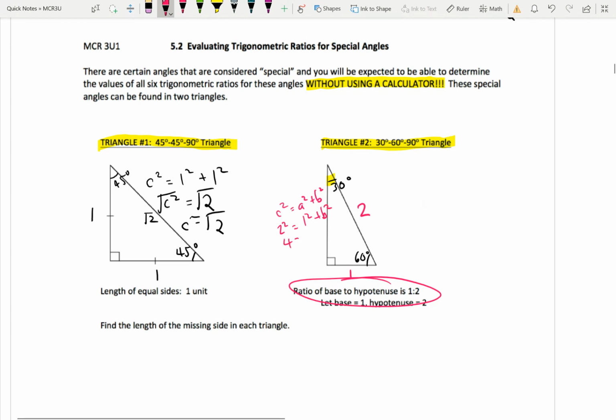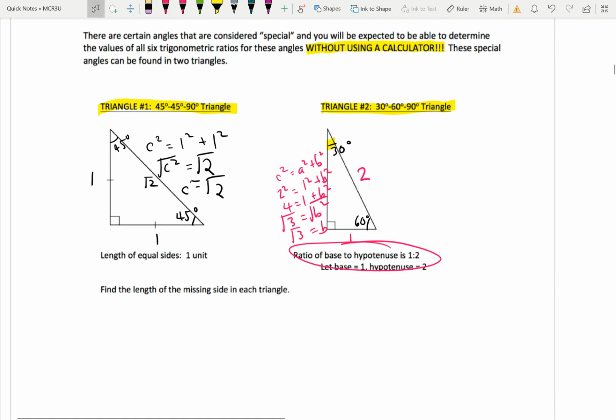So this is 4 equals 1 plus b squared, which gives 3 equals b squared. And rooting both sides, I know that b is equal to root 3. So after all this is done, I know that the third side is root 3.